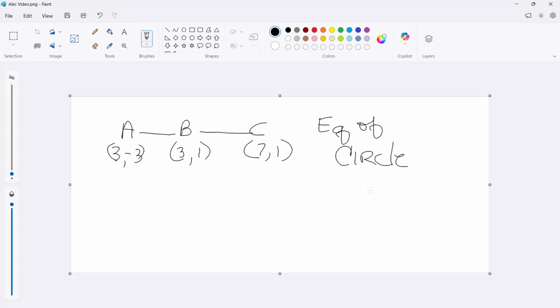I'm going to show you that, and then I'll show you if I do A to C, it won't be horizontal or vertical, so then I'll show you how to plug in the negative reciprocal slope and the midpoint into point slope form to find the equation of the line.